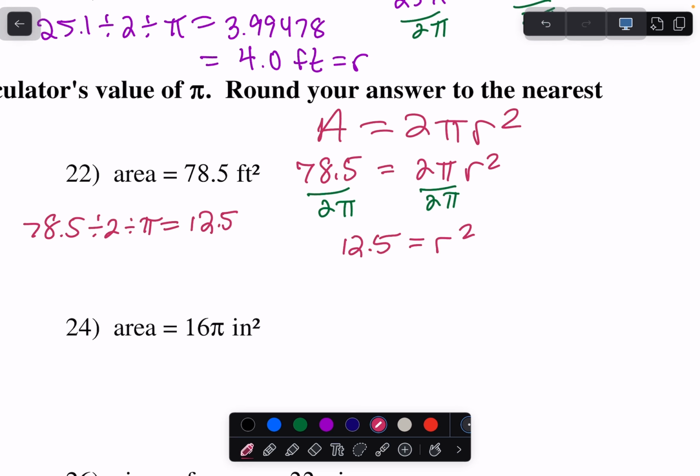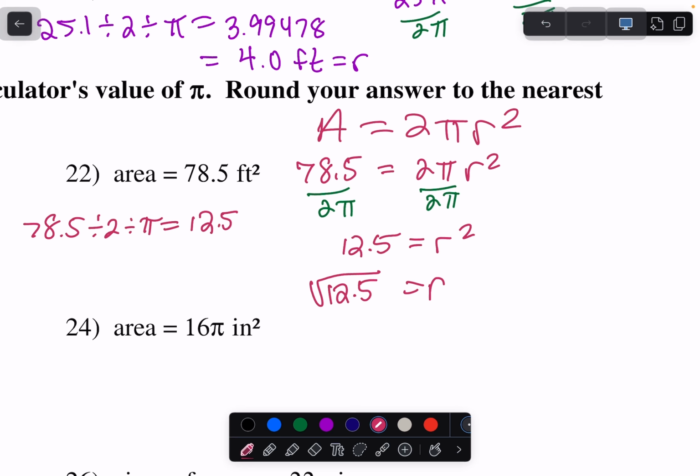That is not our radius. That is the square of our radius. Now let's jump back to algebra class. All of you had an algebra class somewhere in your life. What is the opposite of squaring something? Square rooting something. So for the first time on your calculator, you have to hit the square root of 12.5 to get that value.